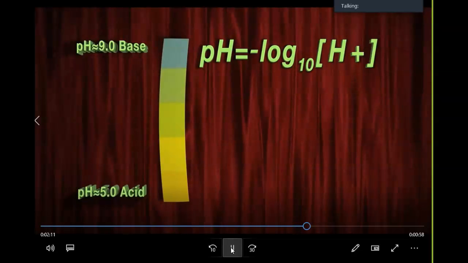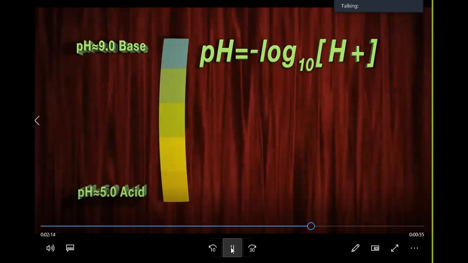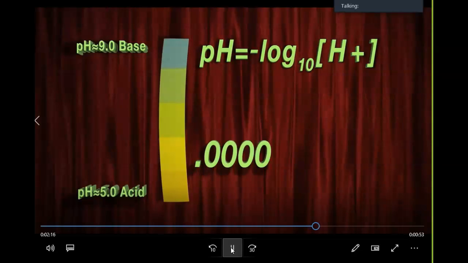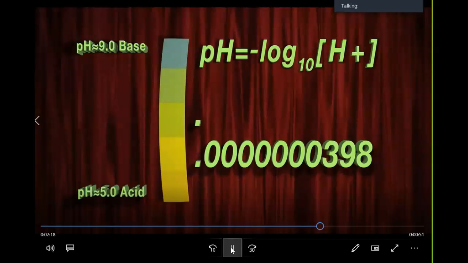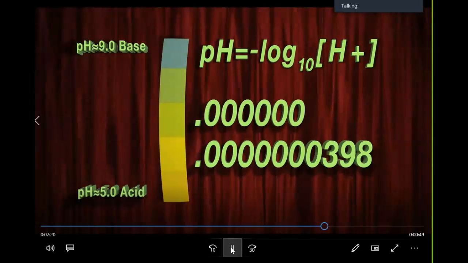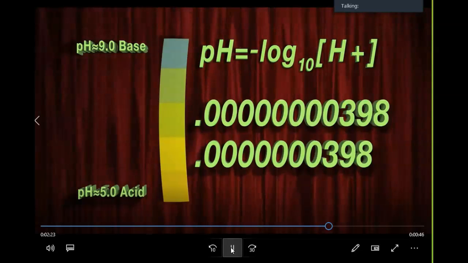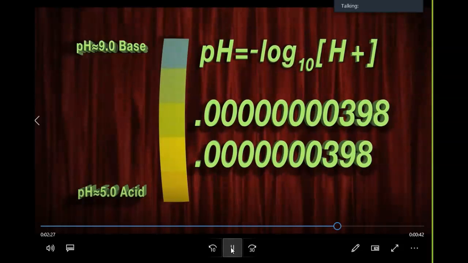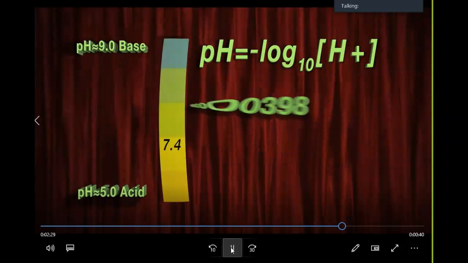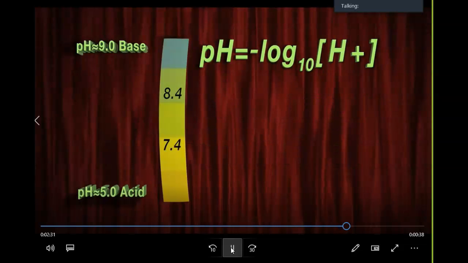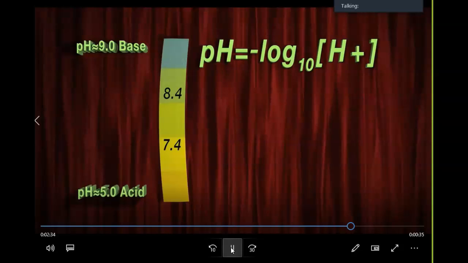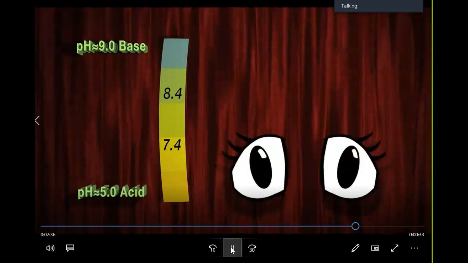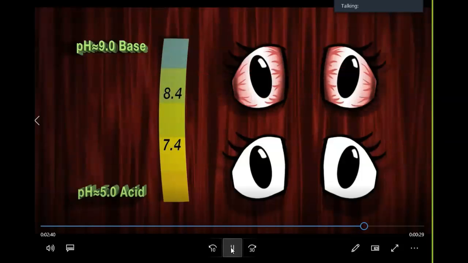We can find the pH of water samples with hydrogen ion concentration of 0.00000000398 and 0.00000000398 quickly on a calculator. Punch negative log of each of those numbers, and you'll see the pHs are 7.4 and 8.4. Since the tears in our eyes have a pH of about 7.4, the H+ concentration of 0.70398 will feel nice on your eyes, but the pH of 8.4 will make you feel itchy and red.